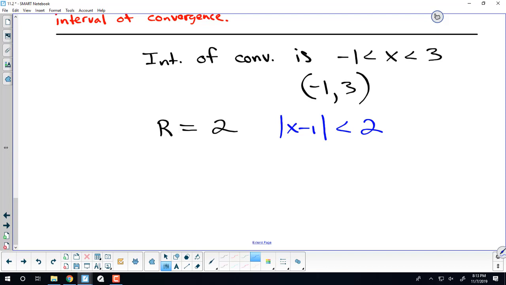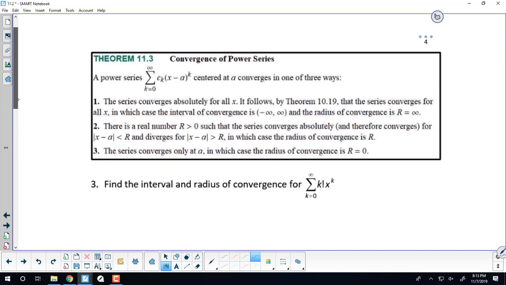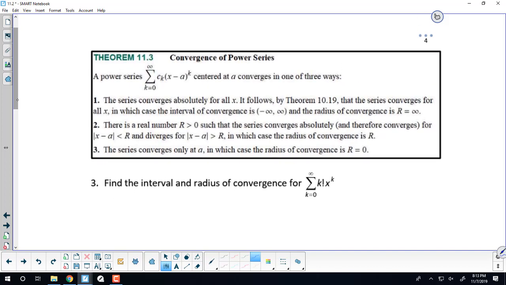So the first one converged for all x, and this one converges in a specific interval. We'll look at this third example too, but this theorem says that when a power series converges, it's going to converge in one of three ways. One, it's going to converge for all real numbers, like we saw with that first example.